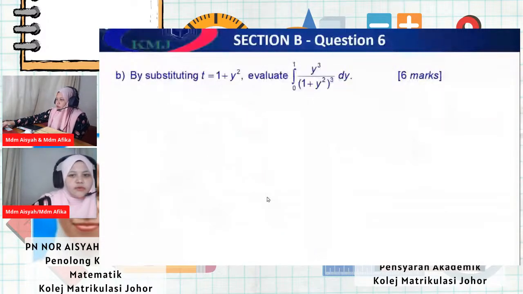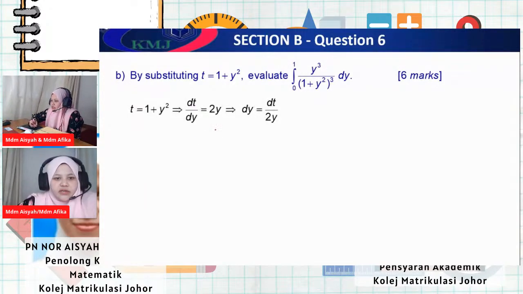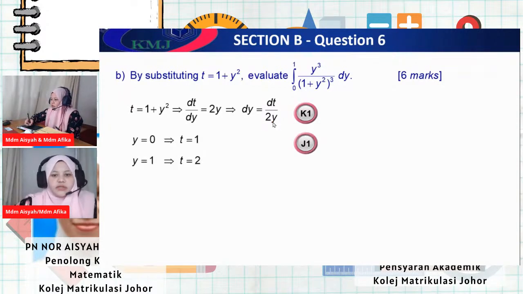Okay, so for question 6b, by substituting t equals 1 plus y squared, evaluate y cubed over (1 plus y squared) cubed dy. So differentiate t, you will get dt over dy equals 2y. Make dy the subject, so you will get dt over 2y. K1 for this value.